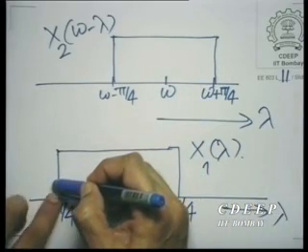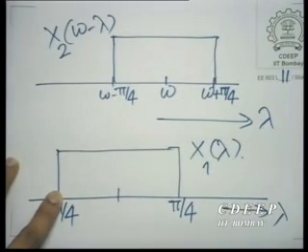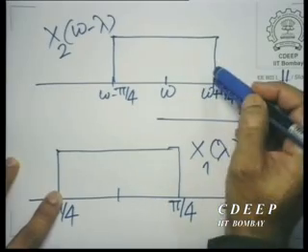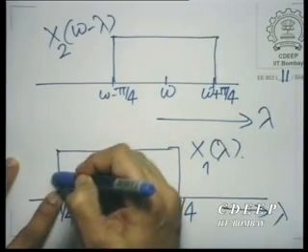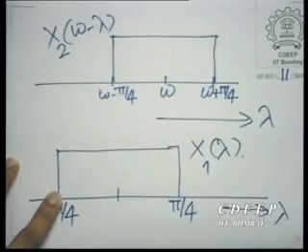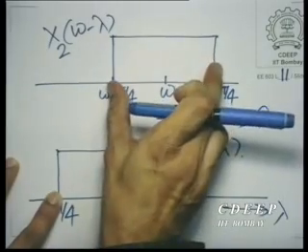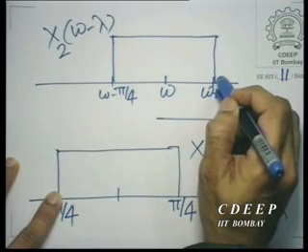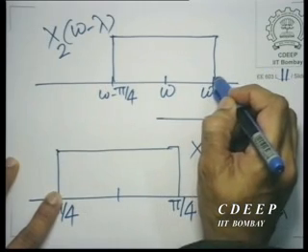What is the situation? Of course, this is going to be repeated at every multiple of 2 pi. But luckily, when this point reaches here, the trouble would have come from the next such square. How far is the next such square? 2 pi away from here. That's very far.